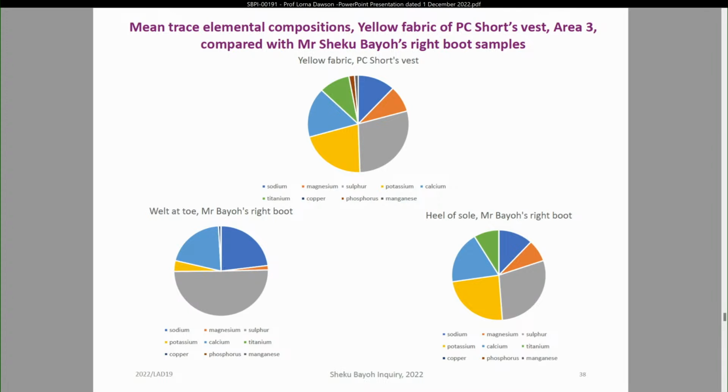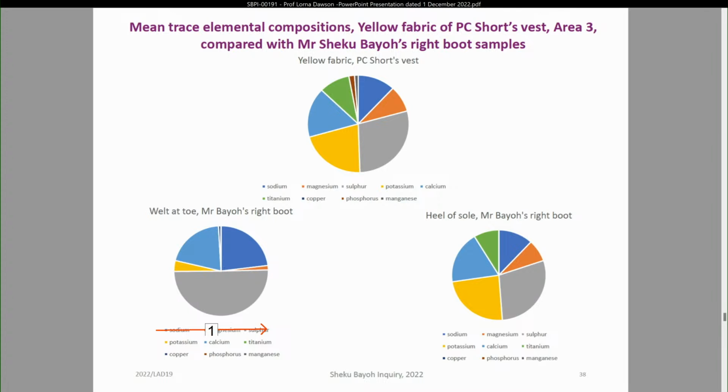Having the data represented in a chart, because it's compositional, allows us to look at the relative contribution of the different elements to that sample. And you can see with the same colours represented for each of the elements that were found in these samples, that the sample from the welt at the toe of Mr. Bayo's right boot is different.